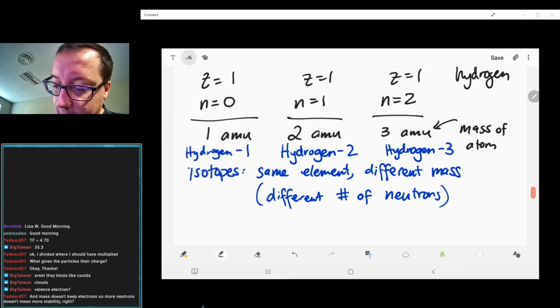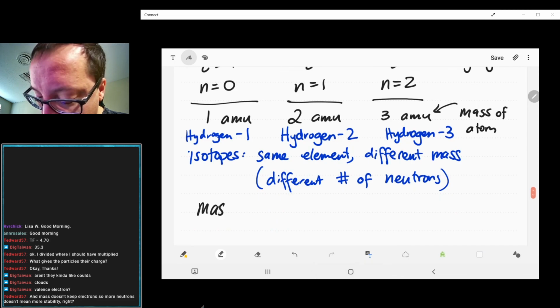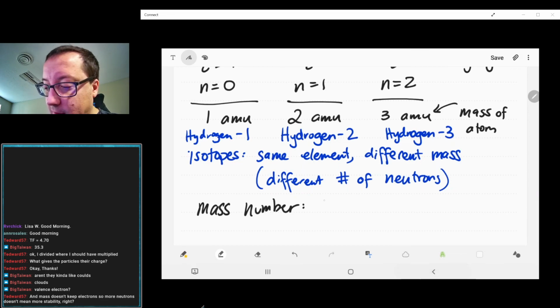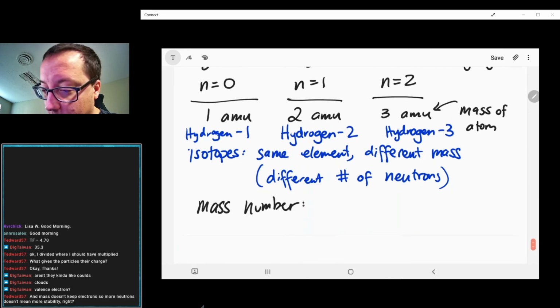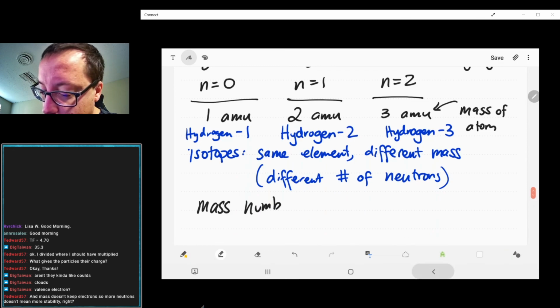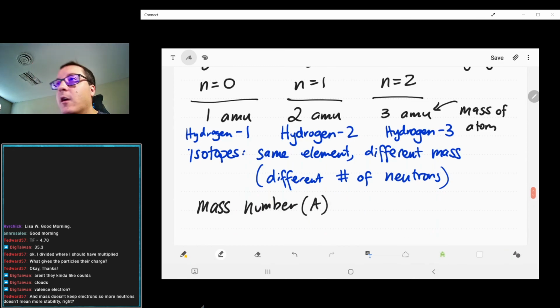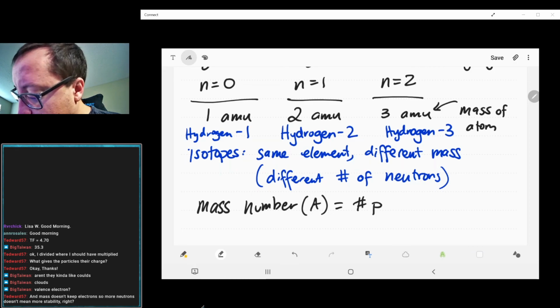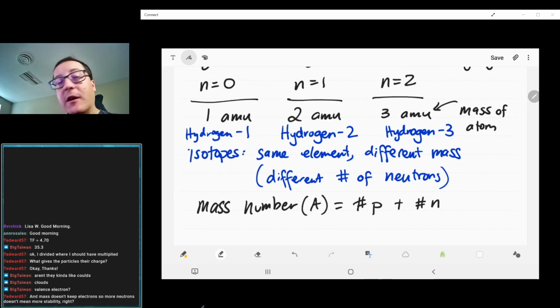So here we have something called the mass number. That's going to be abbreviated with an A, by the way. The mass number is going to be your number of protons plus your number of neutrons. They're roughly the same mass, so the total of those will tell you how much mass you have.